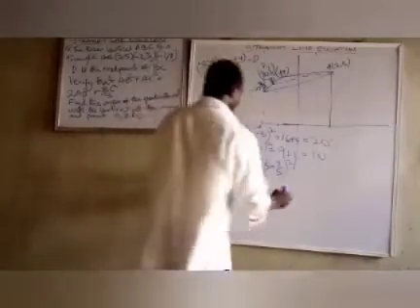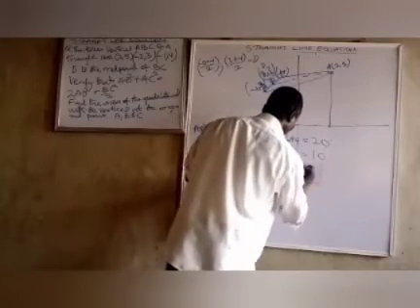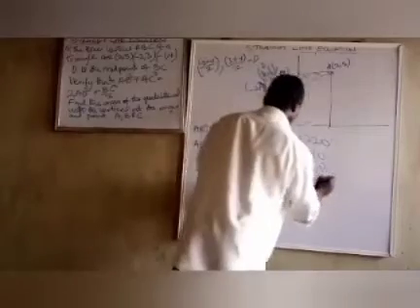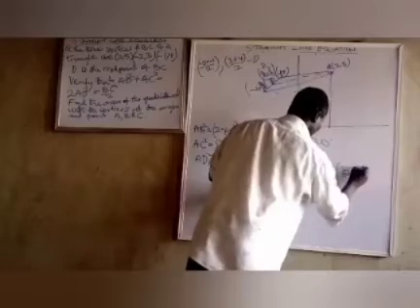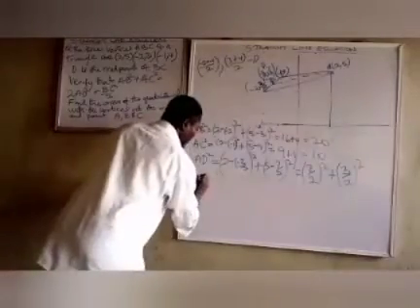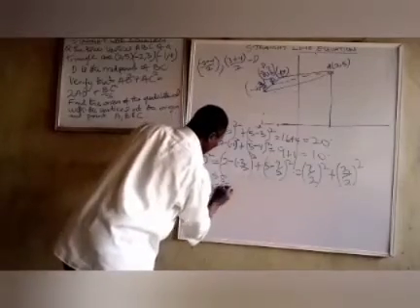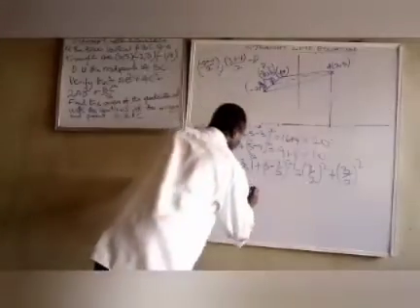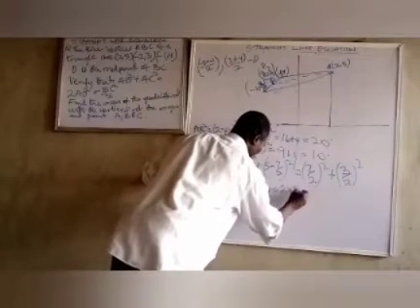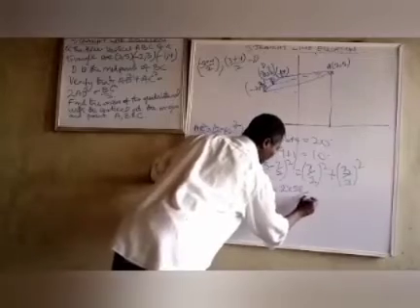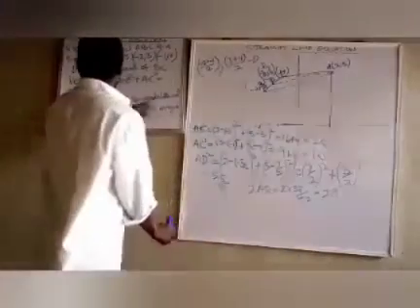So this one will give me 7 over 2 squared plus 3 over 2 squared. So it's going to give me 49 plus 9, 58 over 4. Therefore, 2AD squared is equal to 2 times 58 over 4. That's 29.